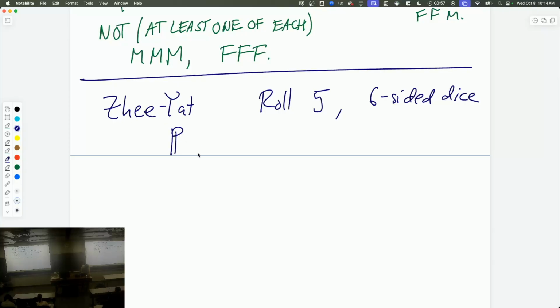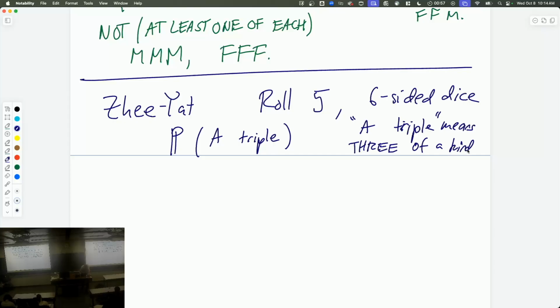A reminder: a triple means you have 3 of a kind, but not 4 or 5 of a kind. So in other words, you have 3 of a kind, and then you have two other dice.